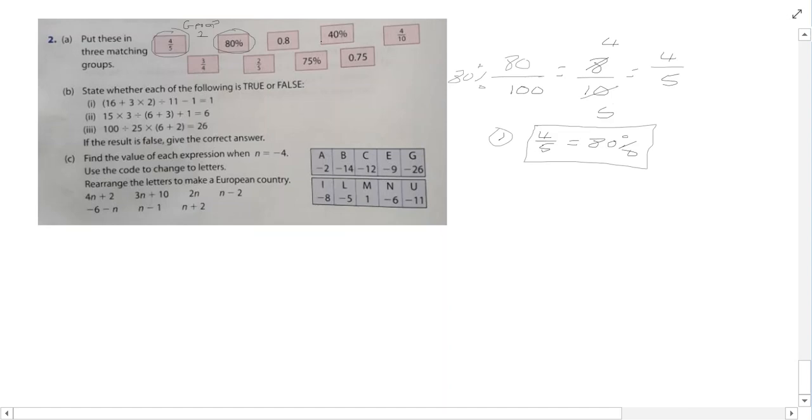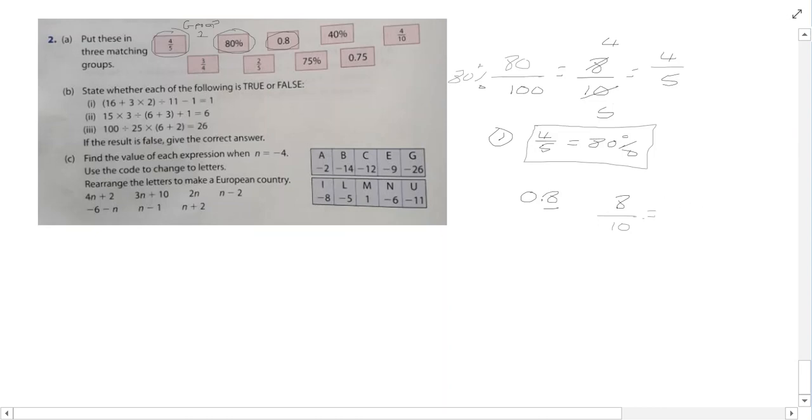So let's continue on with this. Let's look at the decimal here, 0.8. If we want to turn that into a fraction, remember this is the tenths section. So 0.8 is going to be 8 over 10. Have we any 8 over 10s as fractions there? We don't. So again, we can simplify this some more.